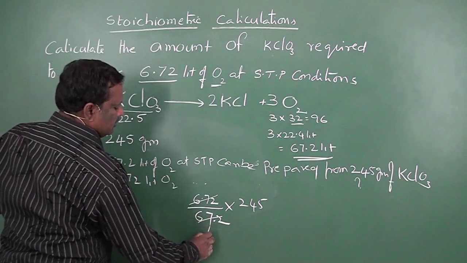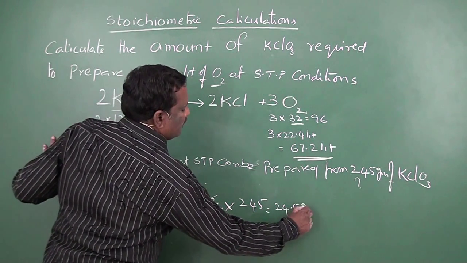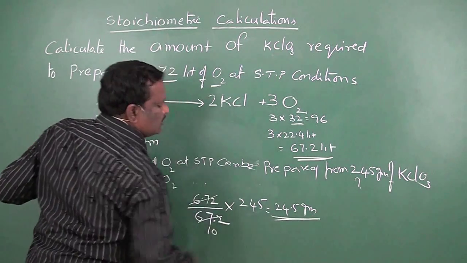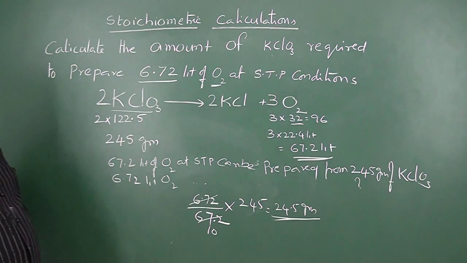It goes here 10 times, so it will be 24.5 grams. So 24.5 grams of potassium chlorate is required to prepare 6.72 liters of oxygen gas at STP.